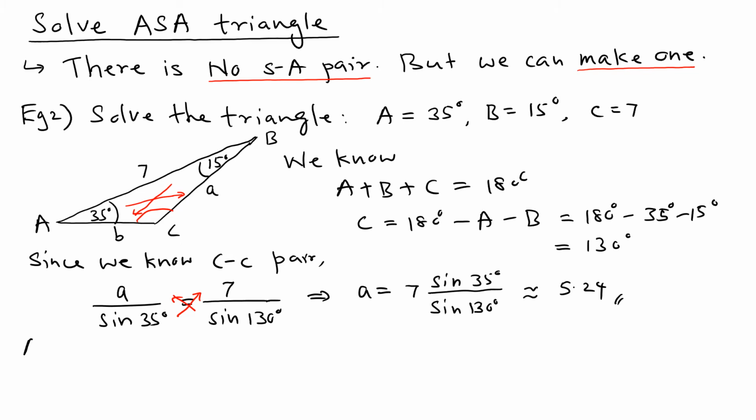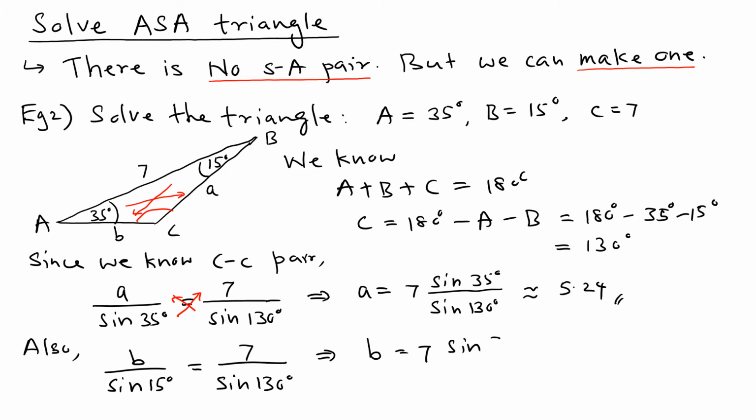Also, to find B, we can write B on top, and the opposite angle to side B is 15, equal to the same ratio, 7 over sine 130. Again, this gives you B equals 7 times sine 15 divided by sine 130.